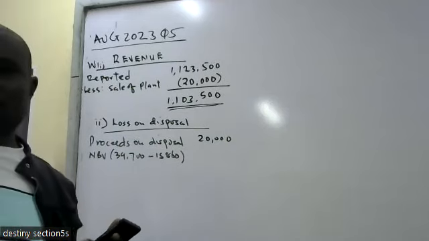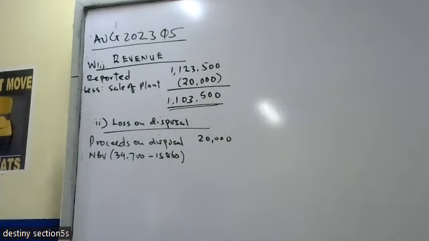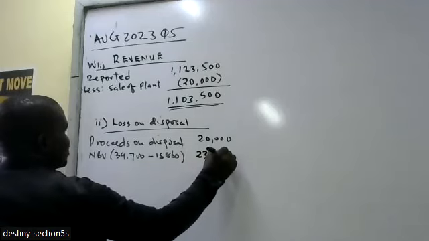How much was it coming to, somebody? It was 23,840.